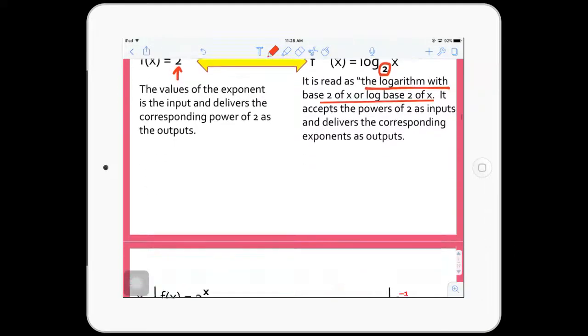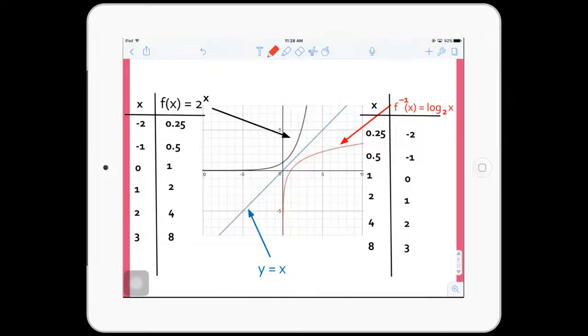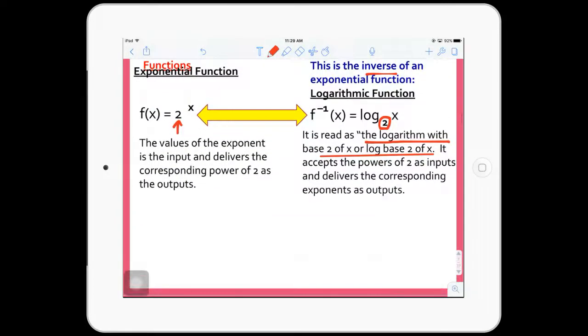So let's take a look at a graphic representation of the two inverse functions. And actually, going back before we do that, let me also mention that we have many different exponential functions that have a logarithm inverse. So for example, y equals 3 to the x, the inverse of that is going to be y equals log base 3 of x.